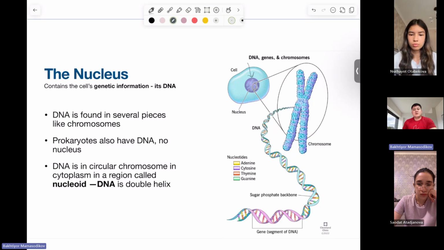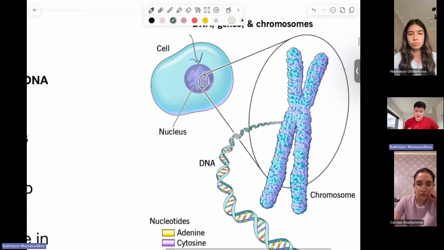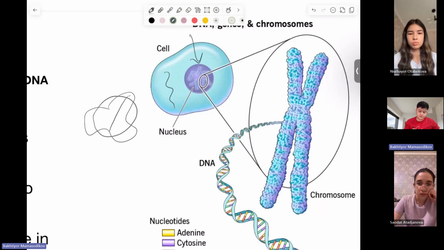And the chromosome shape: in eukaryotes the chromosomal shape is linear, but in bacteria the DNA is circular in shape.